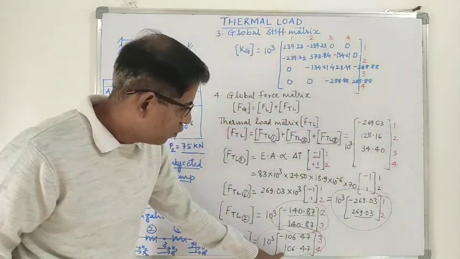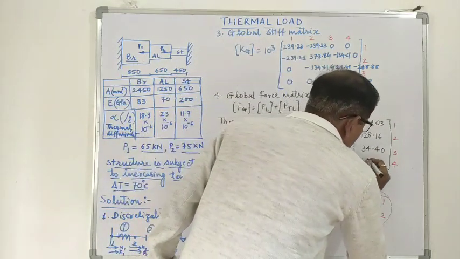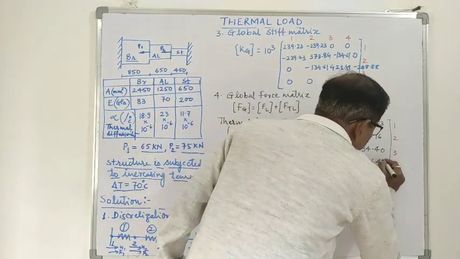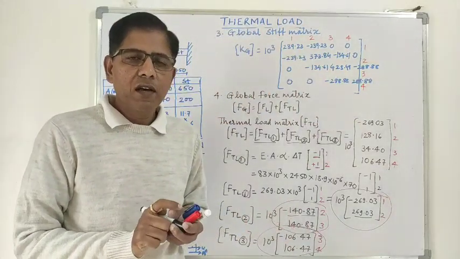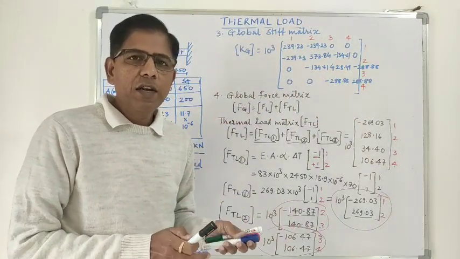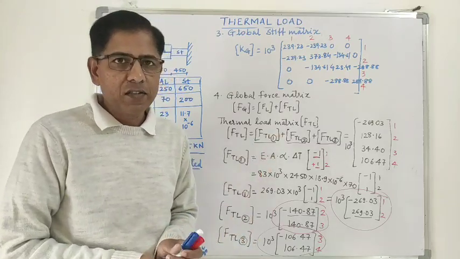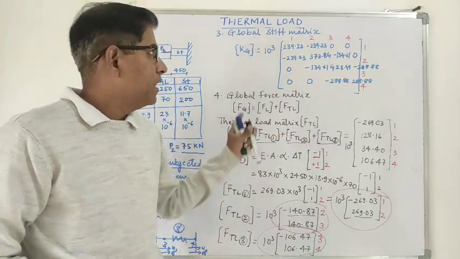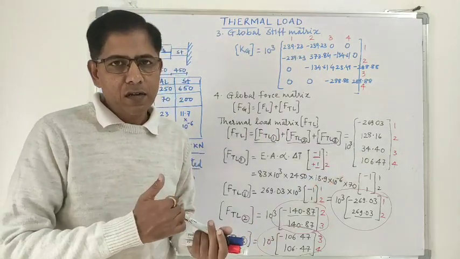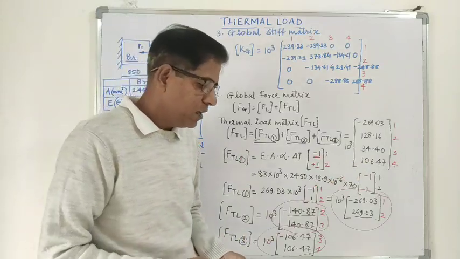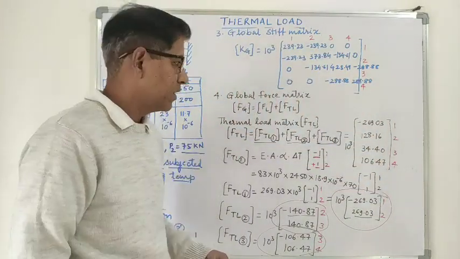And at node number 4 there is only one value, that is 106.47. So in this way, from the individual element thermal load matrix, we have made a global thermal load matrix. In thermal loading, along with the thermal load, we have to consider the external load as well. So now we will make a global external load matrix.